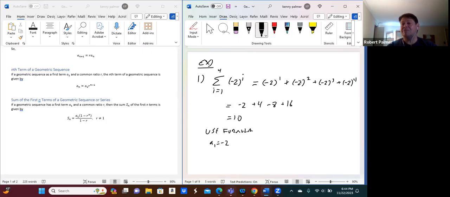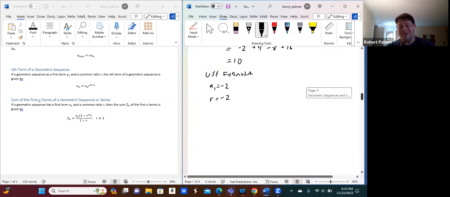This was -2 times -2. This was -2 times -2 times -2. The second term, which is +4, times -2 is -8. Then we took -8 times -2 again, which gives us +16. So our common ratio is just this number here, -2.